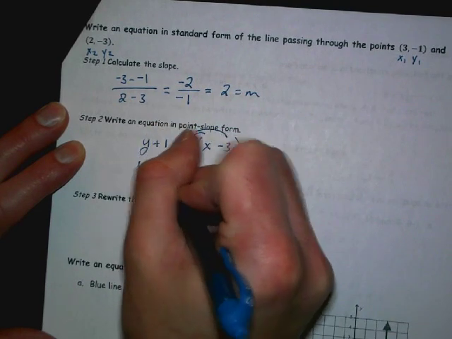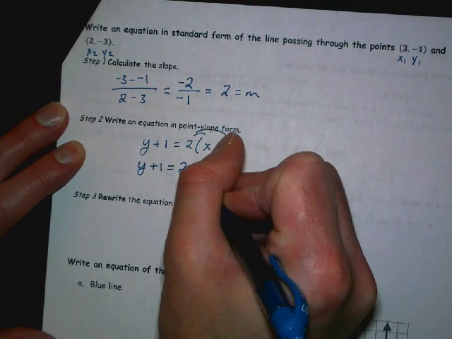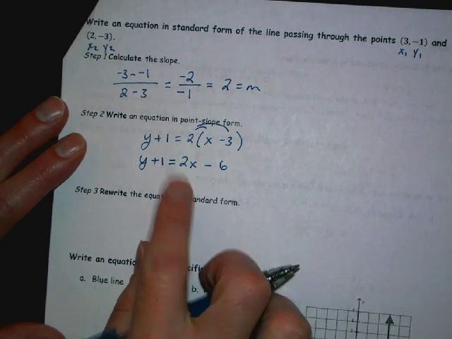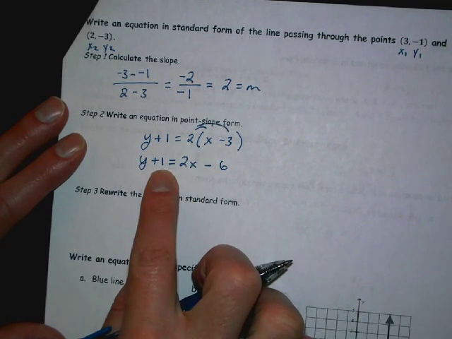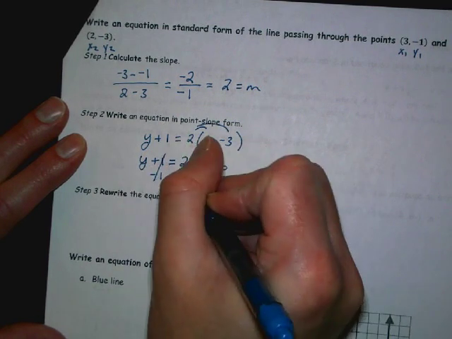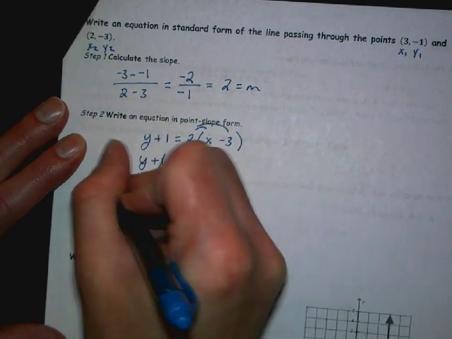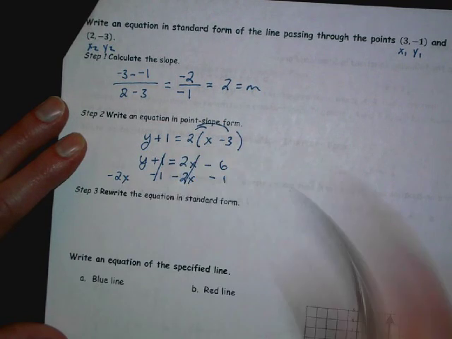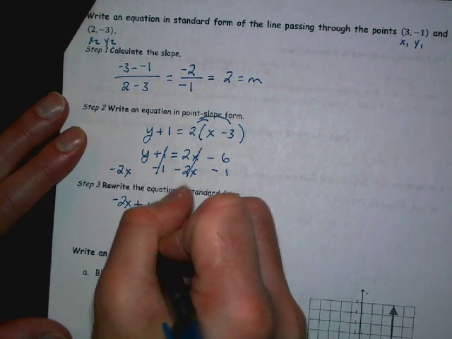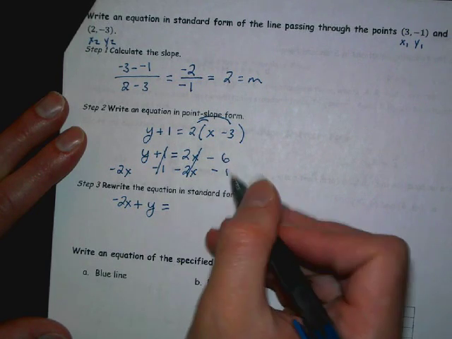It's in point slope, and now follow those steps to go from point slope to standard, which were first distribute. So that gives you 2x minus 6. And then I'm going to do those last 2 steps together on this one. I'm going to move 1 to the right, so minus 1. I'm going to move 2x to the left, so minus 2x.